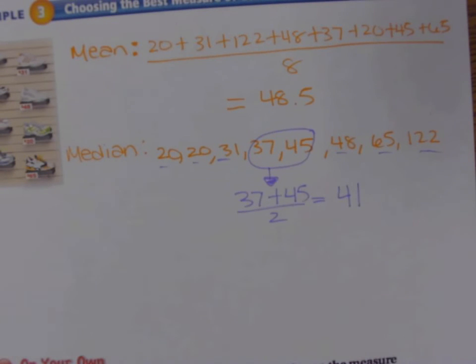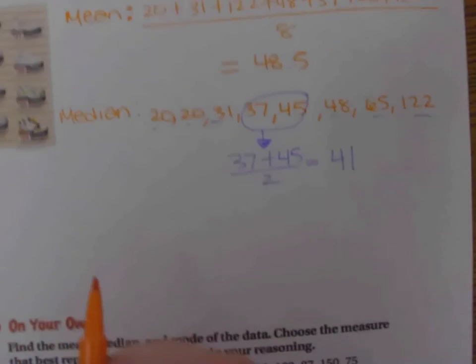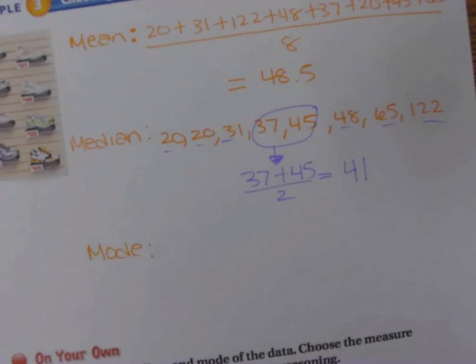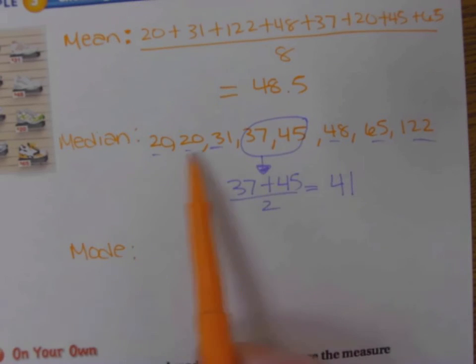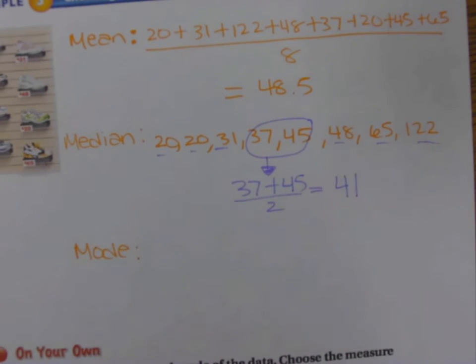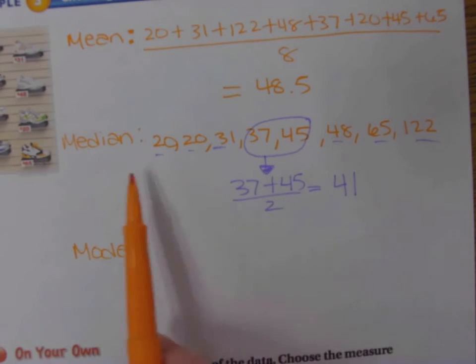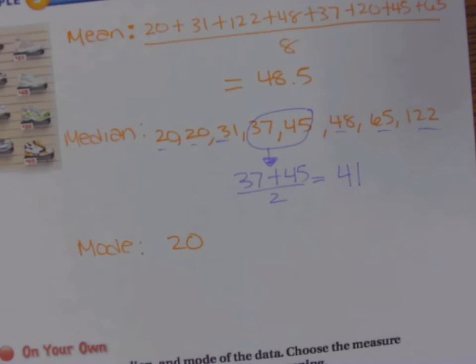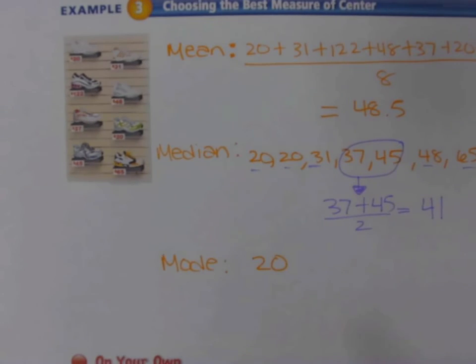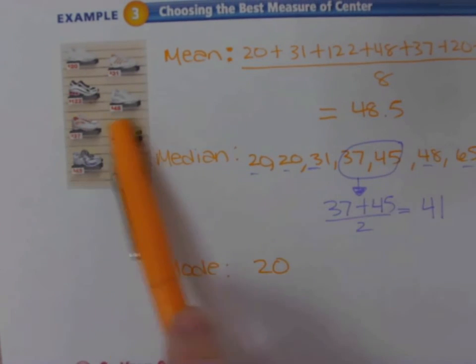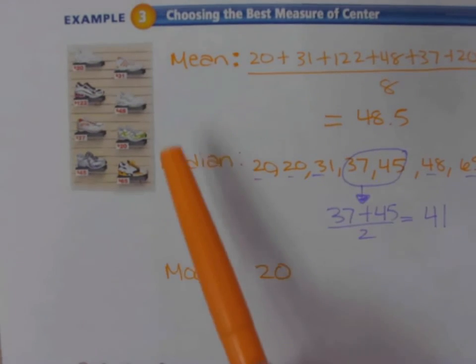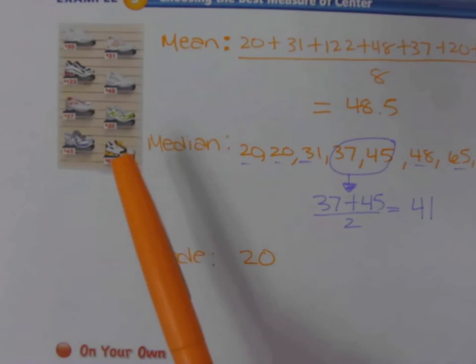But let's just try the mode to see if the mode is a better representation of our data. For mode, I'm just going to look up here at the ones I've listed out and see which number is represented the most, which is this 20. So my mode here is 20. And that is not a good representation of my data either, because if I look at these shoes, 20 is a lot less than most of the data that is represented here.